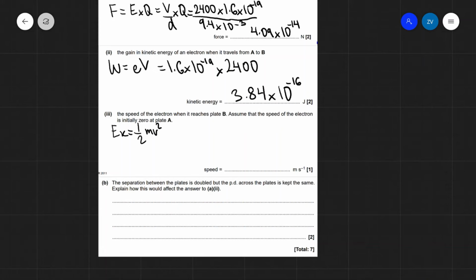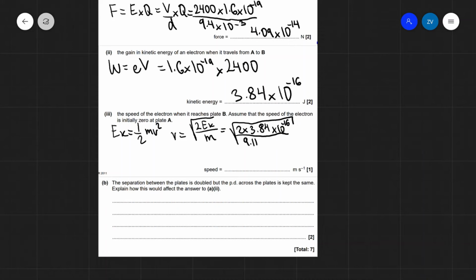So just rearranging for the speed, we're going to get that the speed is equal to the square root of 2 times Ek divided by m. So that'll be the square root of 2 times 3.84 times 10 to the power of minus 16, and we're going to be dividing that by the mass of the electron, which is available in the OCR Physics A formula booklet.